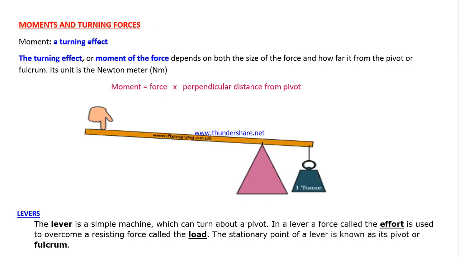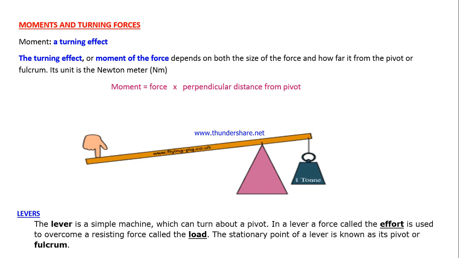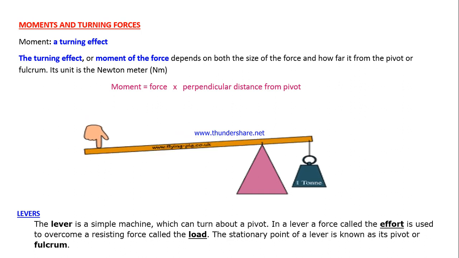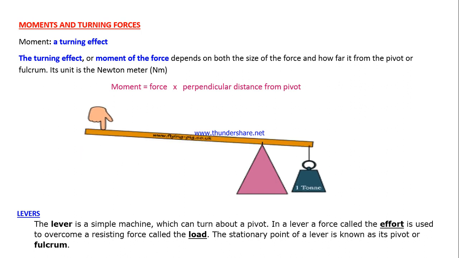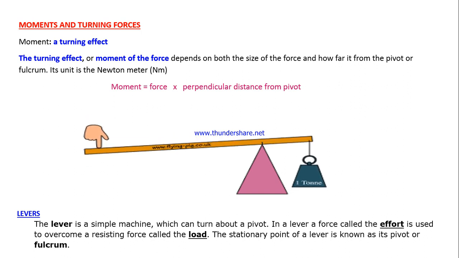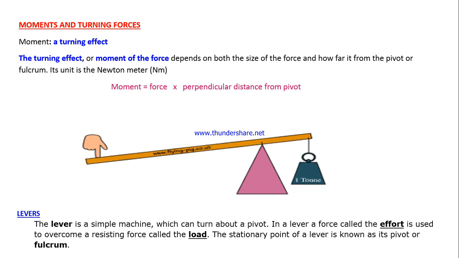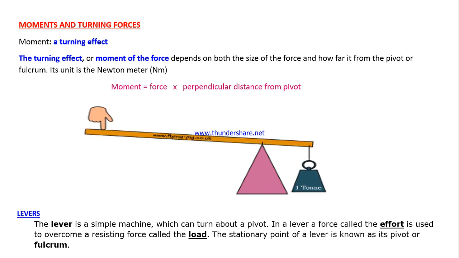Moments basically are turning effects, and as you can see from our little diagram here, the little seesaw, there's a point at which our bar is actually turning, and that point is called the pivot or the fulcrum. And so the moment is calculated by finding the force and the distance between the force and the point of pivot.